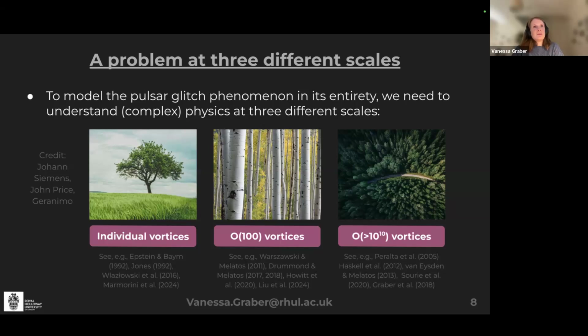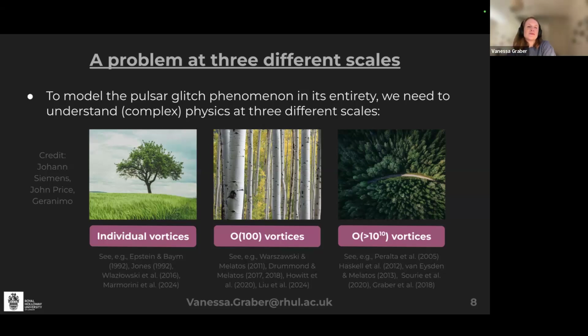Depending on the 3 different scales, people in the neutron star community have tackled this problem with very different methods. On the individual vortex side, in the lab context on terrestrial systems, people would model this with vortex filament models, which is something that hasn't really been done for neutron stars, but I know Julie Jacob Thomas at Newcastle is currently working on it.